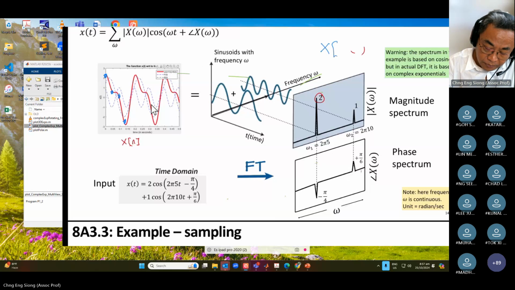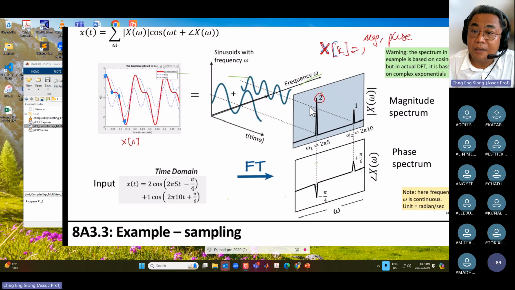Okay. Now, what is Xk? Xk is some magnitude and some phase, right? The numbers here are the magnitudes. The numbers here are the phase. Then where is frequency? Frequency is k.